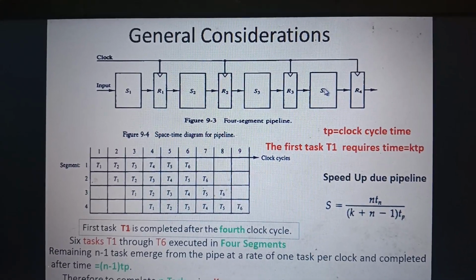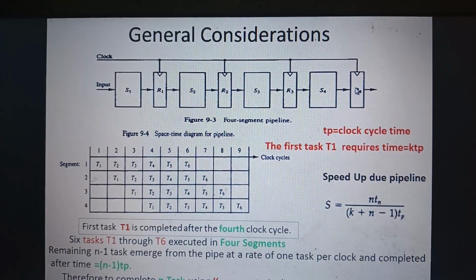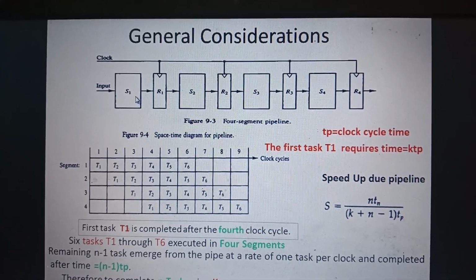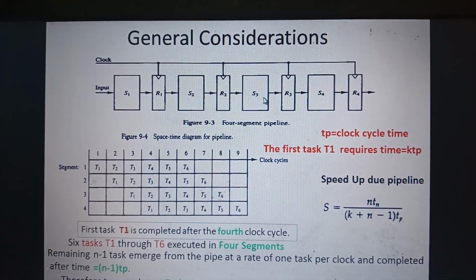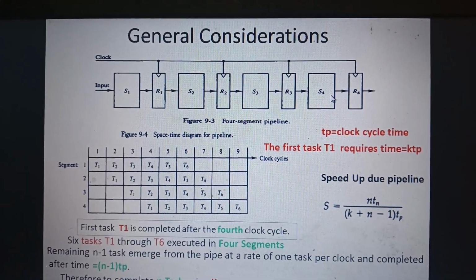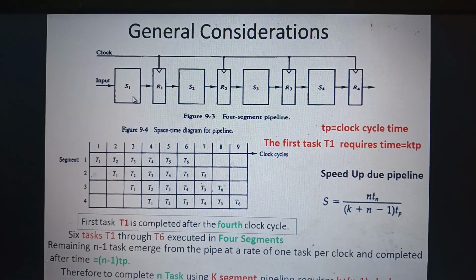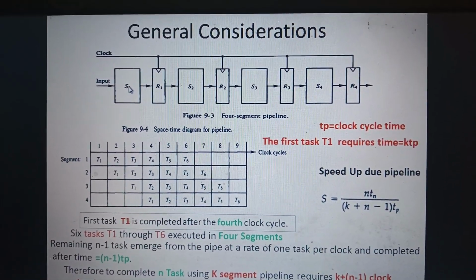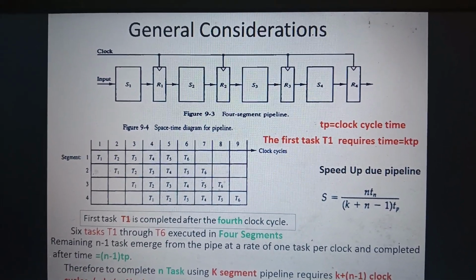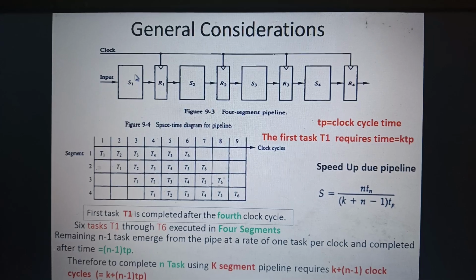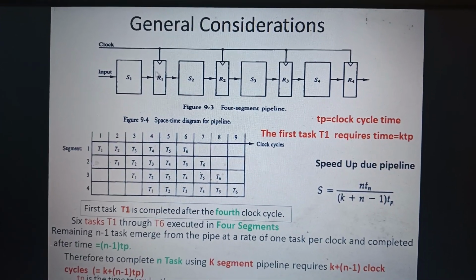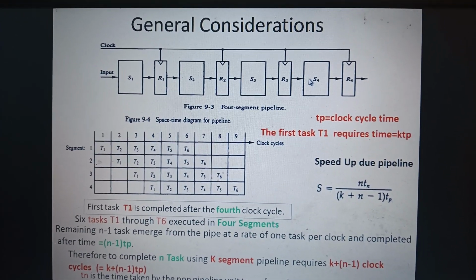Sub operations performed by S4 are given to R4. S1, S2, S3, S4 will perform the sub operations. In the previous class, we studied how sub operations can be designed. Right now, it consists of only four segments.